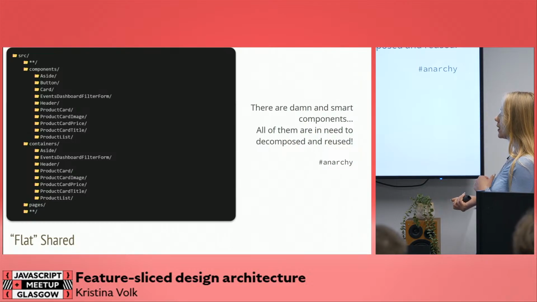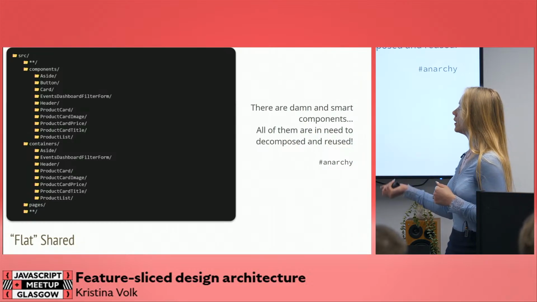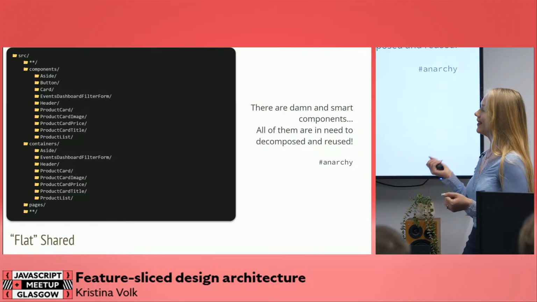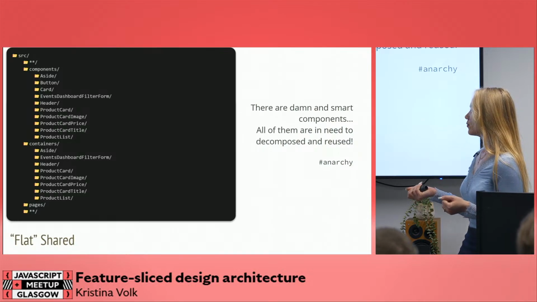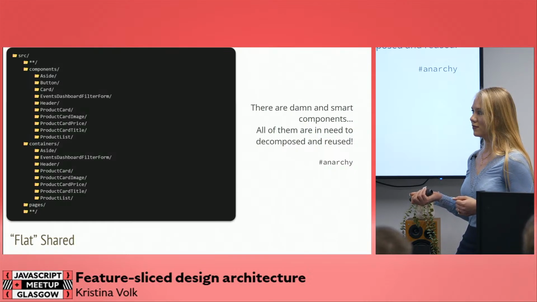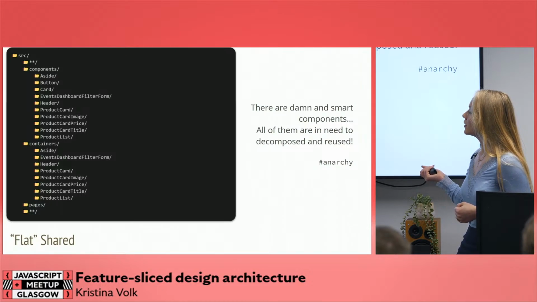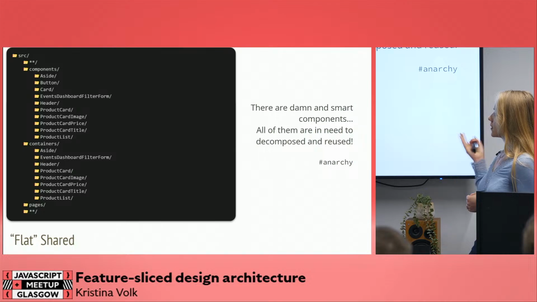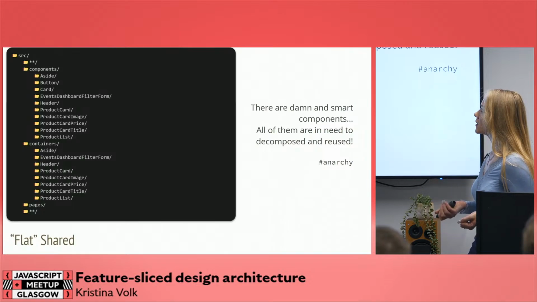First of all, we start from here. Usually this architecture is called flat. There are different kinds, we also have nested and fractal, but usually we start from this one. This is our anarchy, the mass chaos.